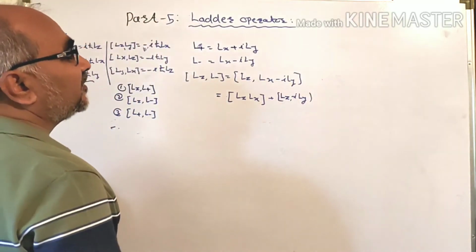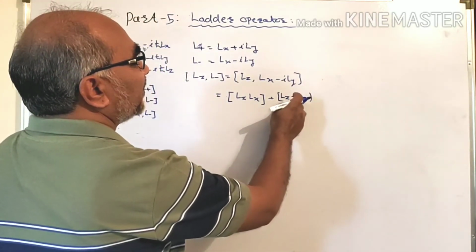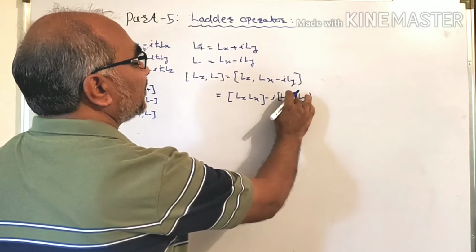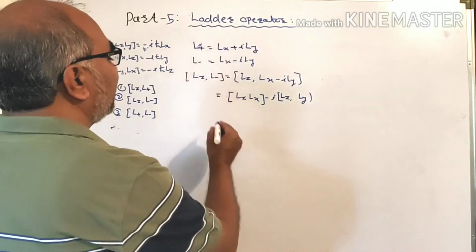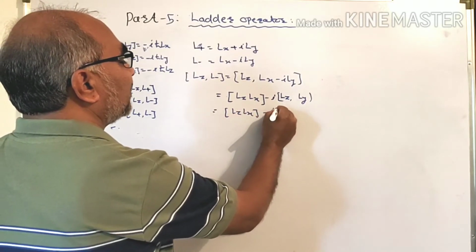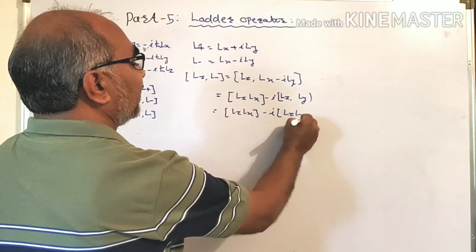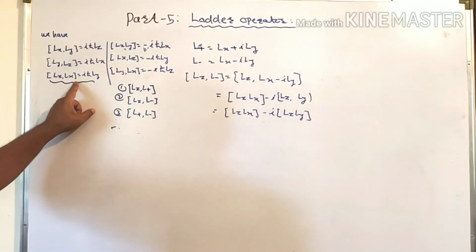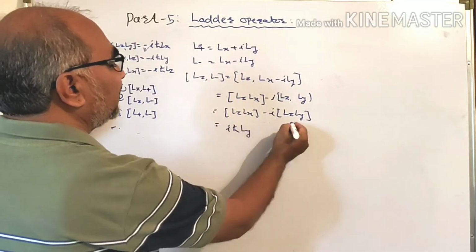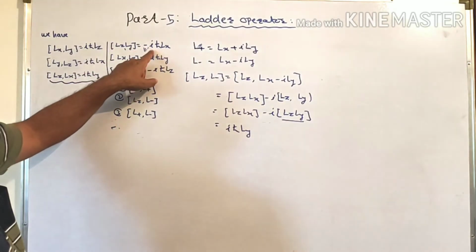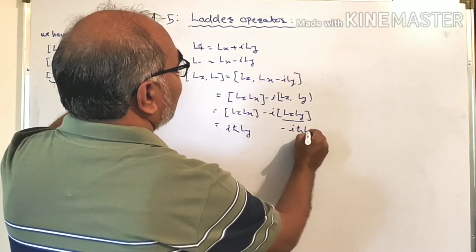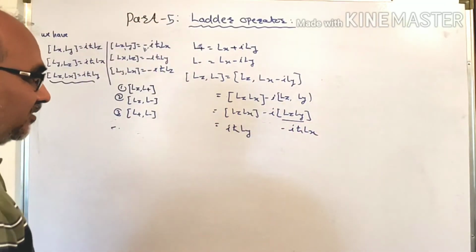Okay, we take this minus i outside. This is equal to [Lz, Lx] minus i [Lz, Ly], and we know that [Lz, Lx] is equal to i ħ Ly, and [Lz, Ly] is minus i ħ Lx.